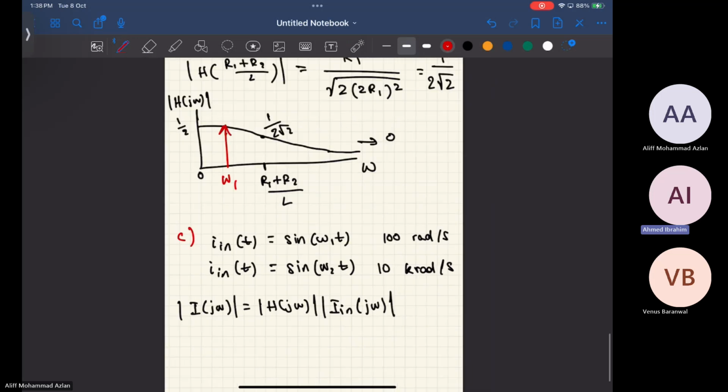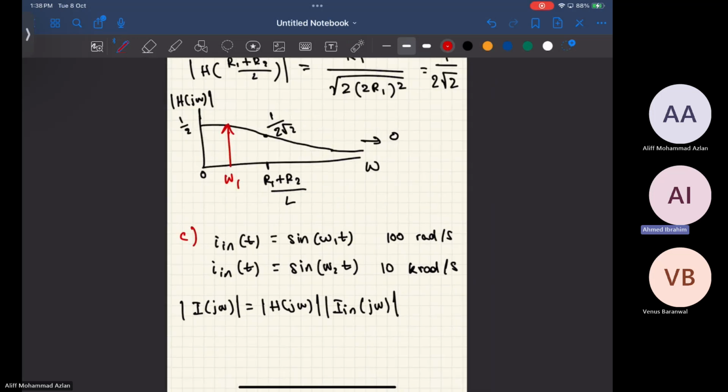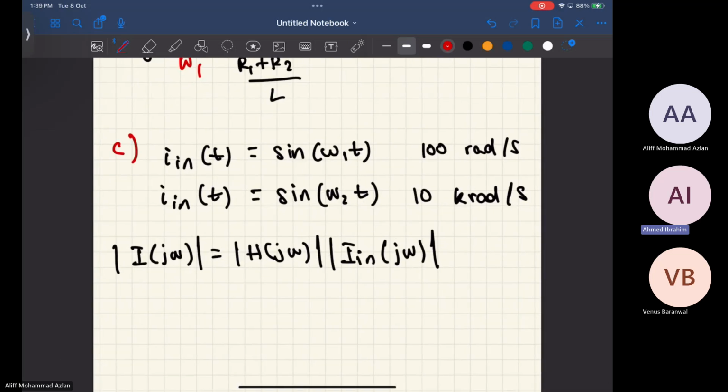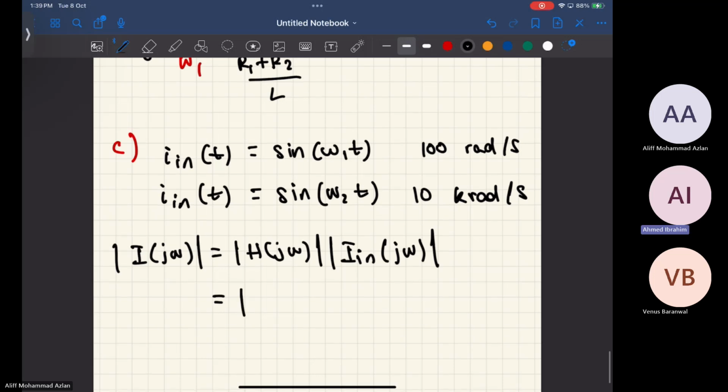Because we're multiplying our transfer function with just one line at one frequency, it essentially samples the transfer function at that frequency. So this is going to be equal to the magnitude of H at omega 1.